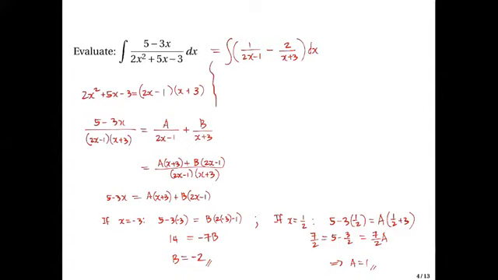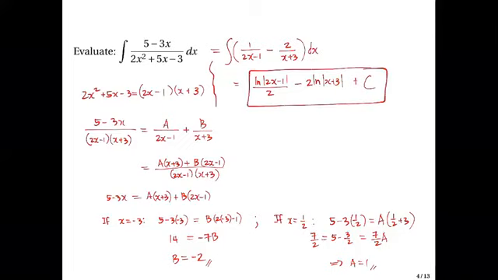So if we do the integration, this is just ln of the absolute value of (2x minus 1) all over 2, minus, in here we have 2 times ln of the absolute value of (x plus 3), plus the arbitrary constant C. So we have this.